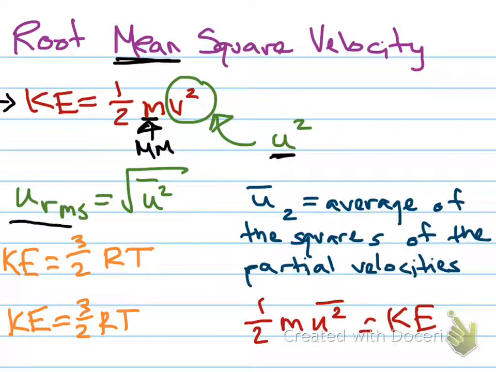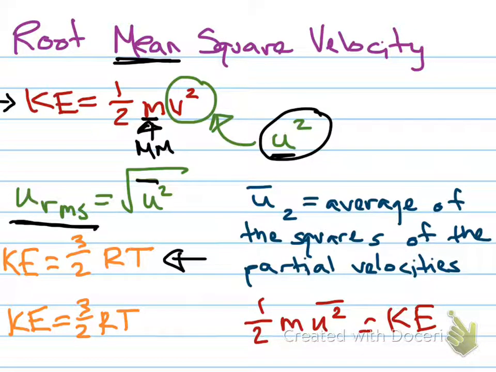We will be solving for the root mean square velocity, that's URMS, and that's equal to the square root of this. That line on top means that we are taking an average. So again, it's not the speed of a single molecule, it's the average speed of all carbon dioxide molecules, or all oxygen molecules, at that specific temperature. So that's the first equation.